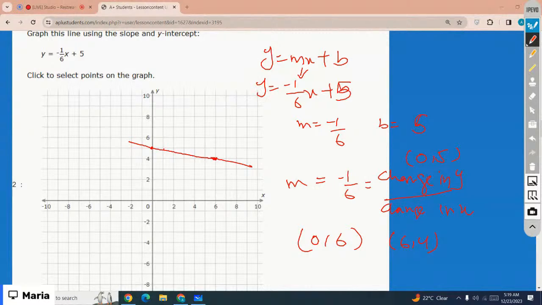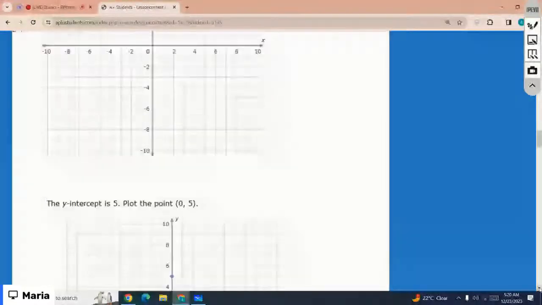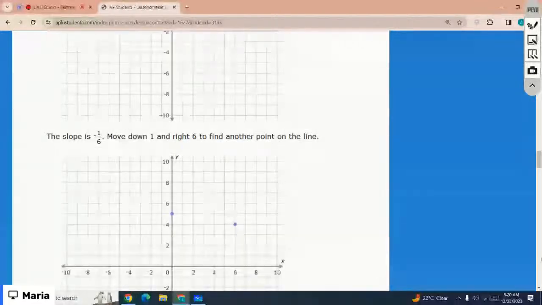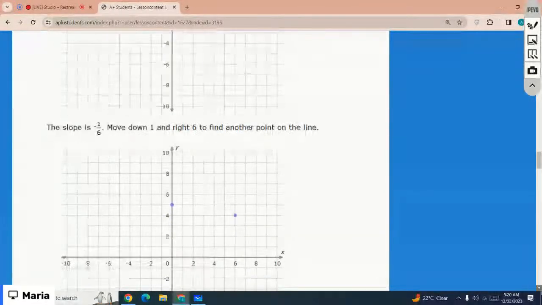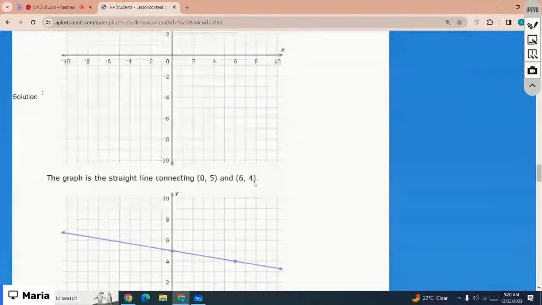So you can see here, move down and 6 points here, right? The point is 6 and 4, right? Exactly the same as I did.